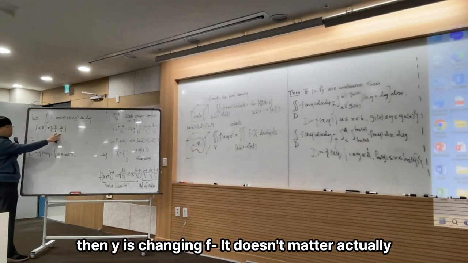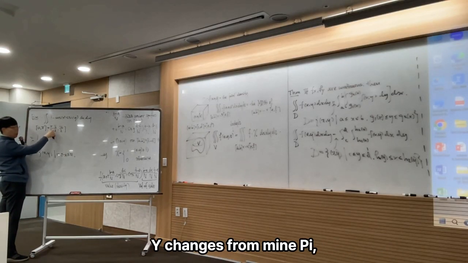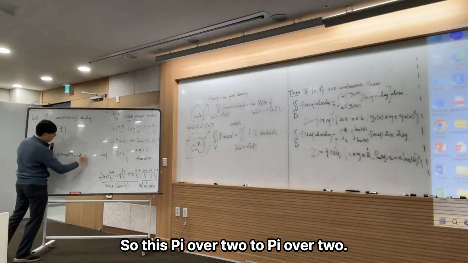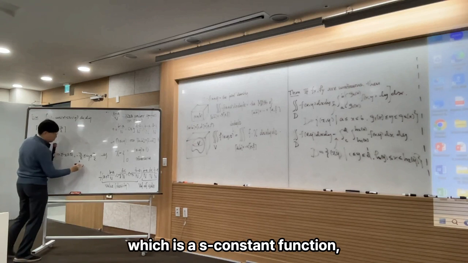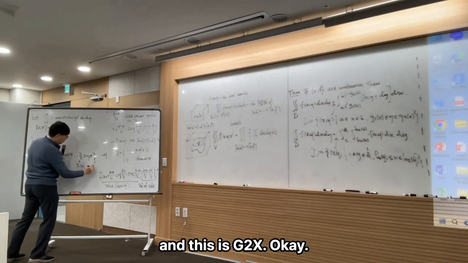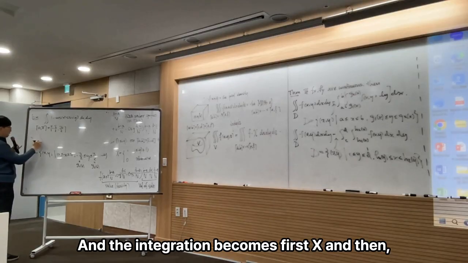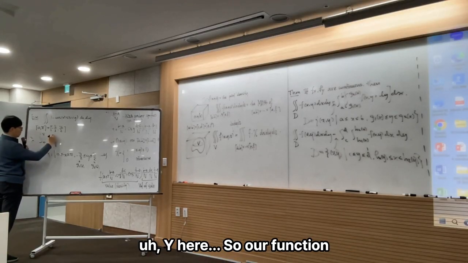Then y is changing; it doesn't matter what x is, because y always changes from minus pi over 2 to pi over 2. So this is g1(x), which is a constant function, and this is g2(x). And the integration becomes first y and then x here.